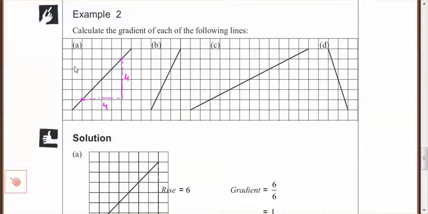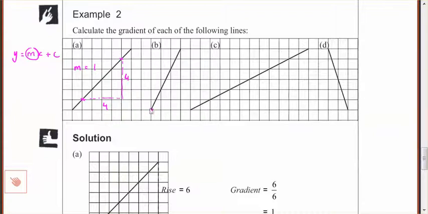So the gradient here is 1. m, the gradient. Do you know why I've put m for gradient? Because every straight line is a form of y equals mx plus c. And what I'm trying to find is the m, so I'm going to call it m. So in this case, m is 1.